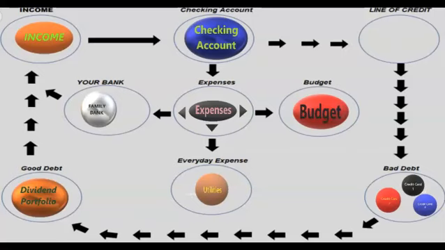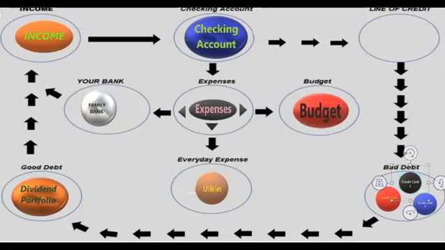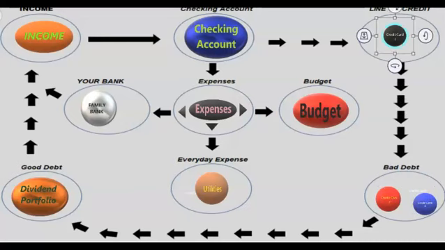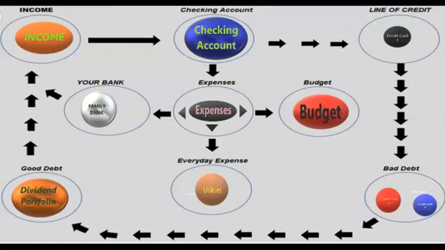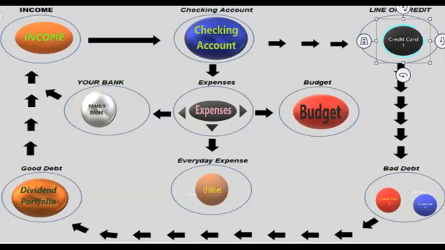So what you're going to do is take, say, credit card 1, and you'll use credit card 1 as your line of credit. Everything will funnel through this credit card.